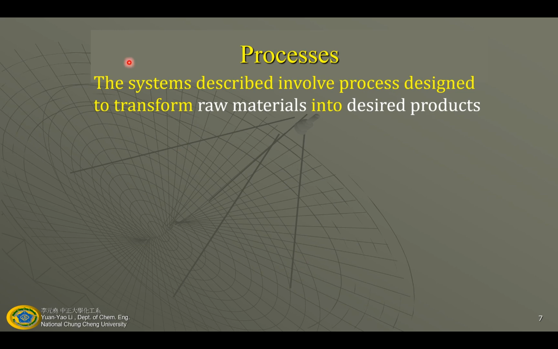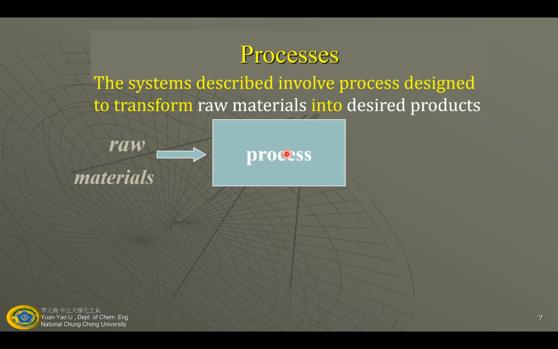The definition of processes: the systems described involve processes designed to transform raw material into desired products. For example, raw materials go into a process or processes, and you get products.